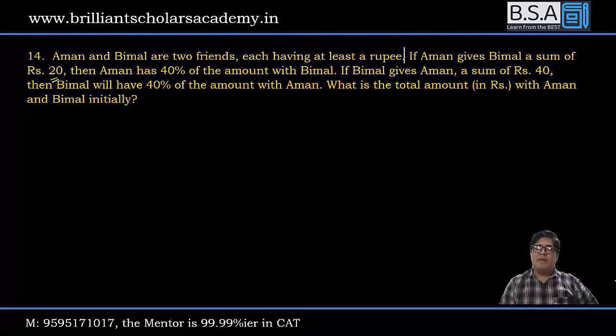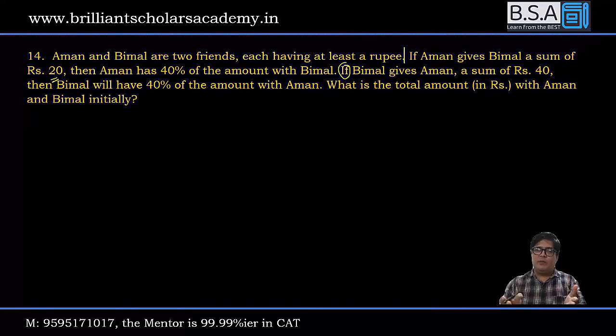If Bimal gives Aman a sum of 40, देखो, if means a new condition, a new scenario is given to you. If Bimal gives Aman a sum of rupees 40, then Bimal will have 40% amount with Aman. What is total amount in rupees with Aman and Bimal initially?